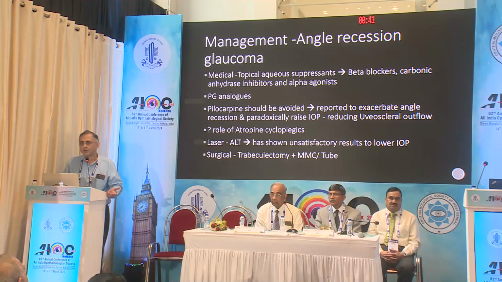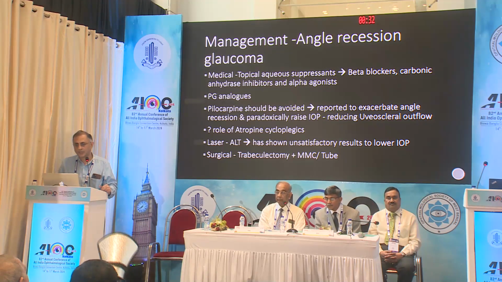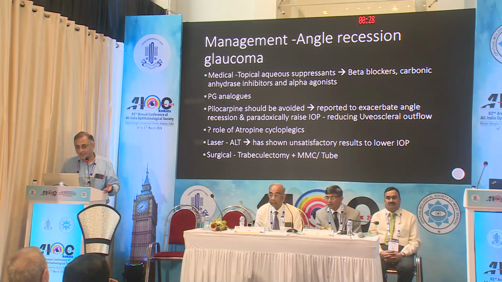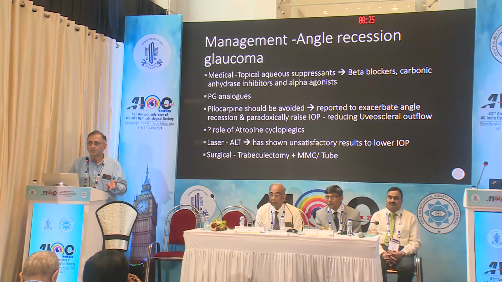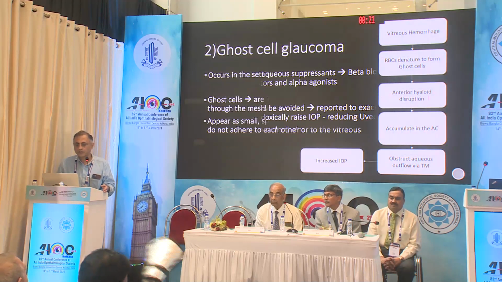Some people have advocated that in patients who are resilient to treatment, you can try atropine, cycloplegics, that can help reduce the intraocular pressure. There is no role of laser, and the other option once pressures are uncontrolled is to do a trabeculectomy or a tube.